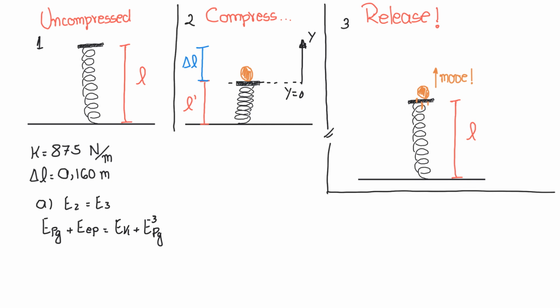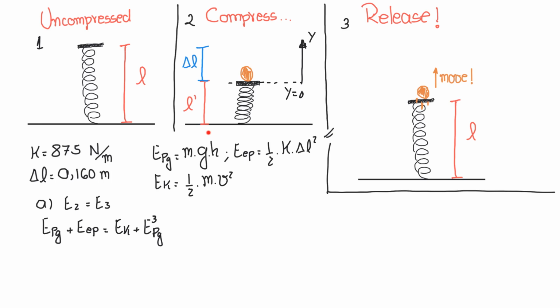Remember that the gravitational potential energy is given by the mass times the acceleration of gravity times the height, that the elastic potential energy is given by 1/2 of the spring constant times the deformation squared, and finally that the kinetic energy is given by 1/2 of the mass times the velocity squared.